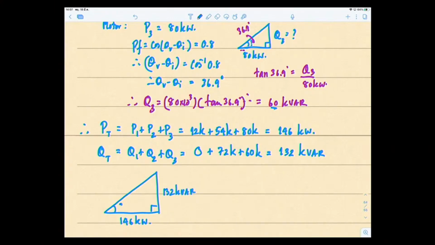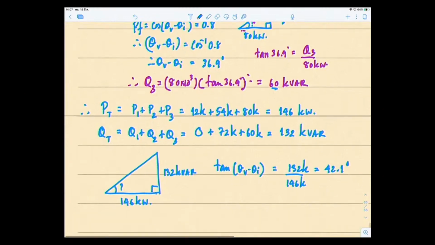I don't know the angle yet, but I know these two sides, so I can find the angle using tangent, because I know the opposite and the adjacent sides. So tangent of this angle is equal to 132 k over 146 k, and the answer is 42.1 degrees.